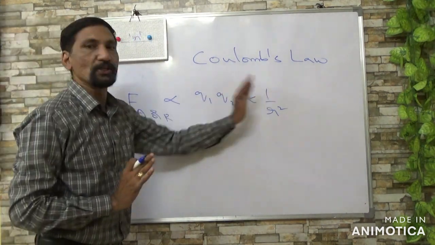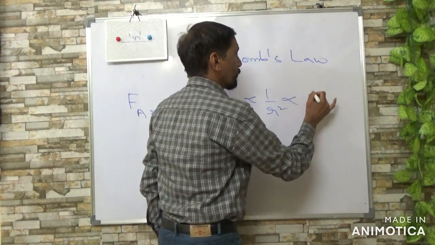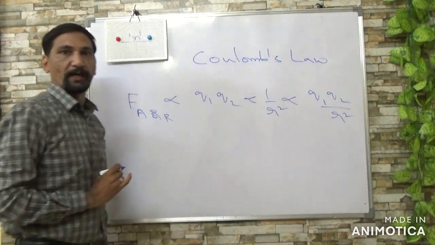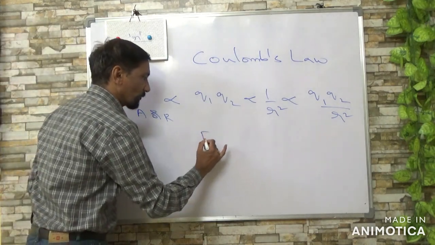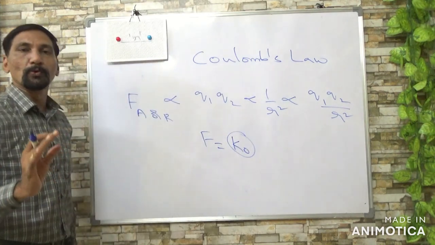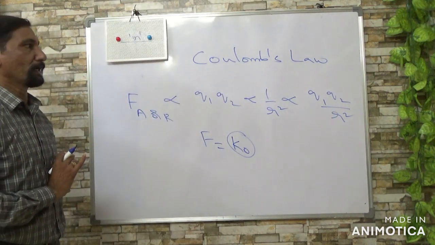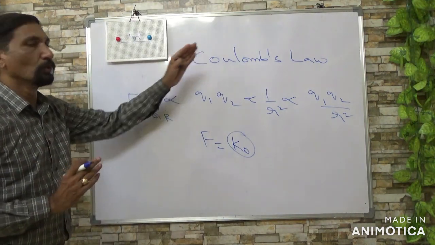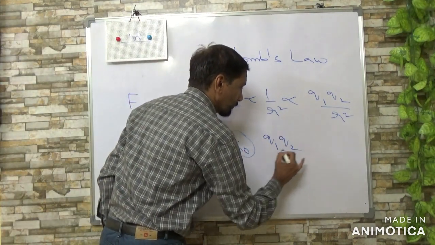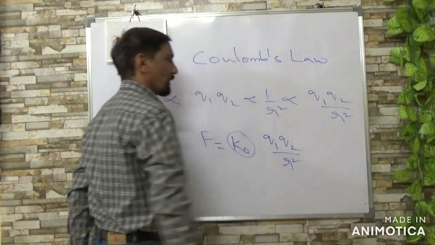So when you combine these two, you get F proportional to Q1 Q2 by R square. So F is equated to a constant called the proportionality constant, or you can call it Coulomb's constant, into Q1 Q2 by R square.